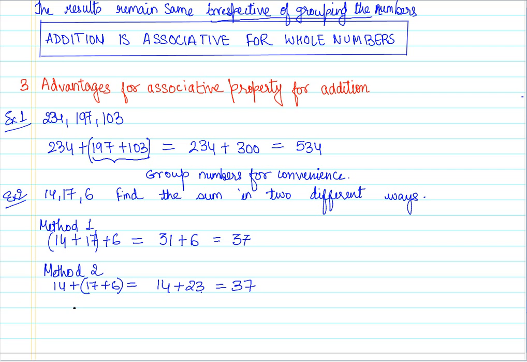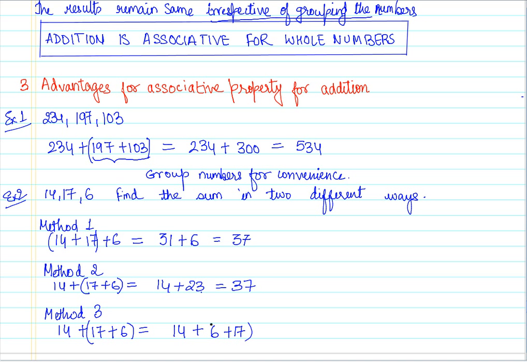Now I'll give you another method, method 3, and that is what will make this more interesting. So I say 14 plus 17 plus 6. Now I will change the order of these two, so it becomes 14 plus 6 plus 17.